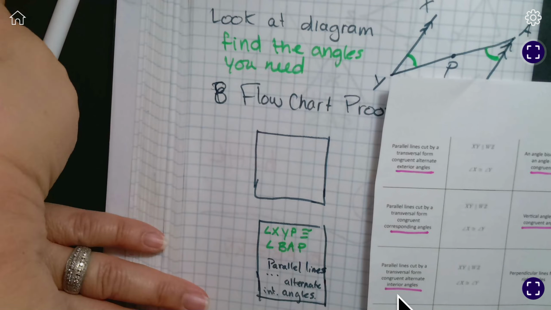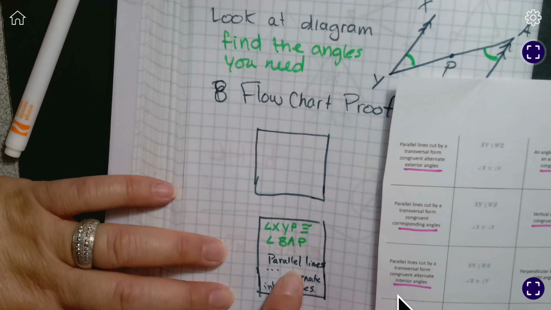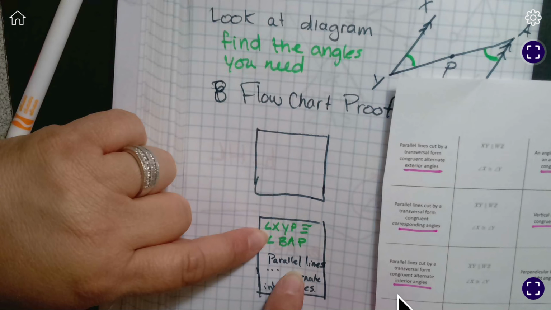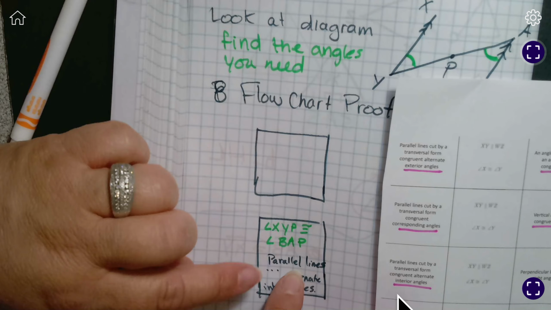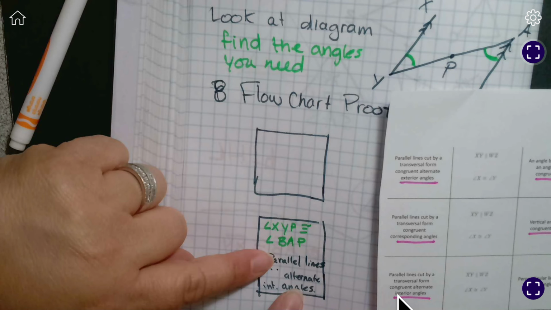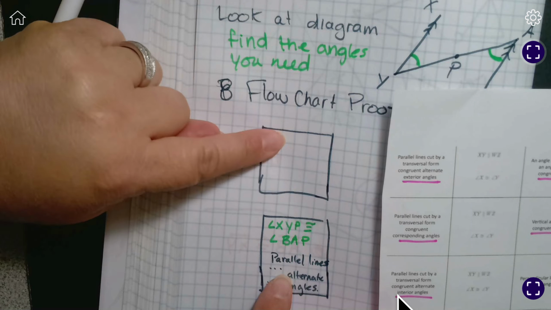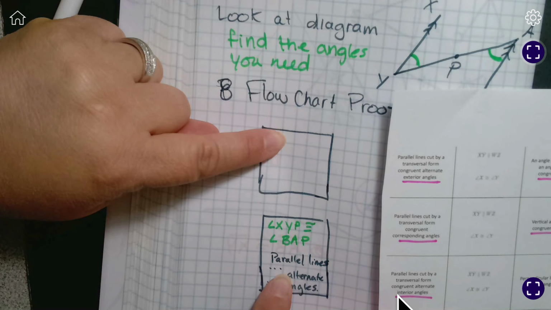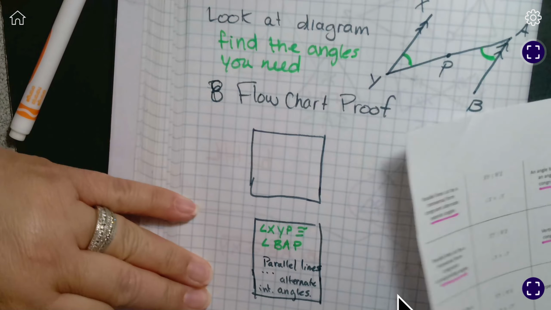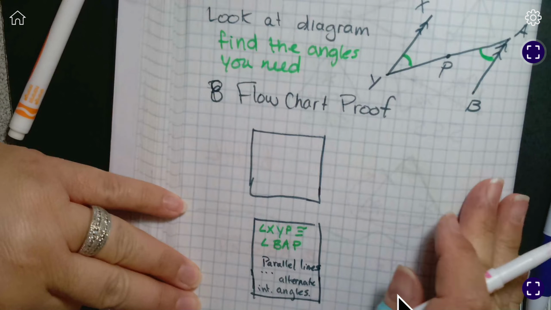Now, if you are using this reason here to say these are congruent, and you say here parallel lines give you this, you better have parallel lines above this. Okay? So that's the thing.